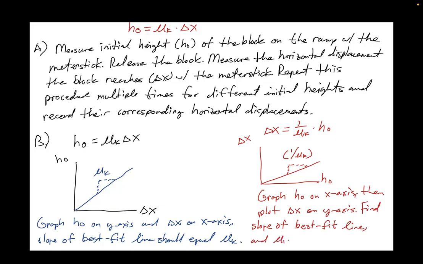And our coefficient of kinetic friction is equal to the inverse of that slope value. Perfect. I don't think you need to have both of these down. I think either or should suffice for part B. So two ways to use the data to create a linear graph to find the experimental value for the coefficient of kinetic friction.